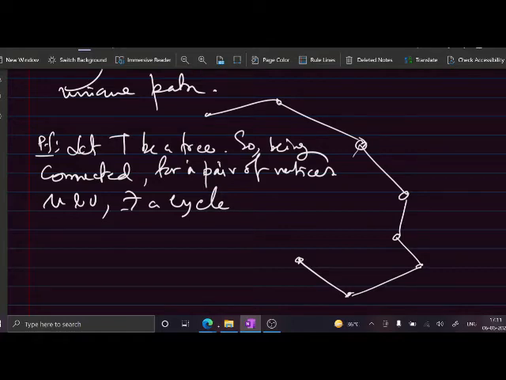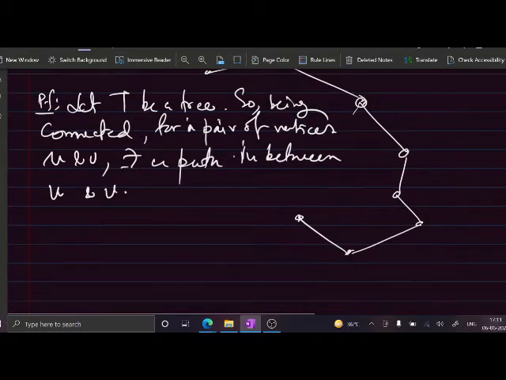Since it is connected, there exists a path in between u and v, right. Now we need to check that there exists exactly one path.